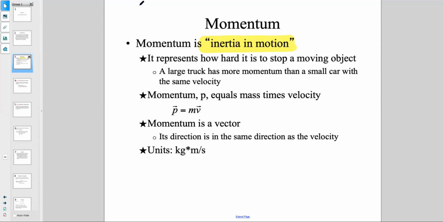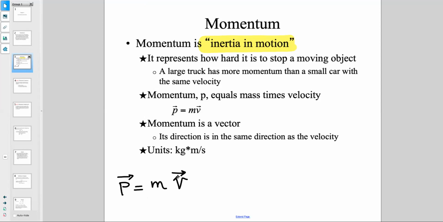Even though their velocity is the same, since their masses are different, their momentum is different. The momentum is the product of mass and velocity: P equals mass times velocity, or mv.